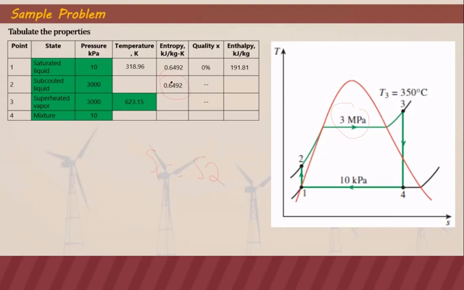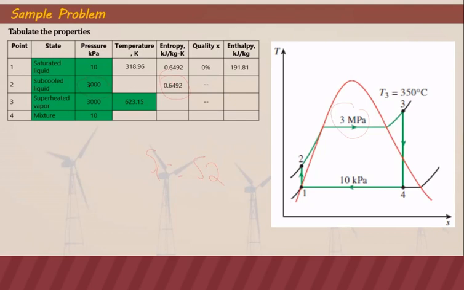0.6492. And since from our thermodynamics we learned that if we have two properties, then we can get the other properties. So by using the software, or using the steam table, you are just going to look at 3 kilopascal and 0.6492 kilojoules per kilogram entropy.